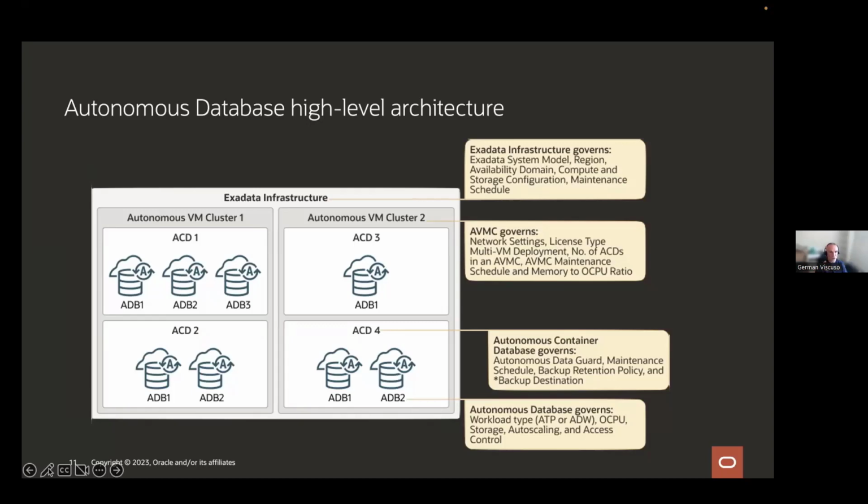When you want full control and you want the whole architecture for yourself, you go with autonomous database dedicated. And when you just want to work with one isolated autonomous database without worrying about anything else, you go with autonomous database shared. Okay, so we will run into some of these concepts: the Exadata infrastructure, autonomous VM clusters, autonomous container databases, and autonomous databases themselves.